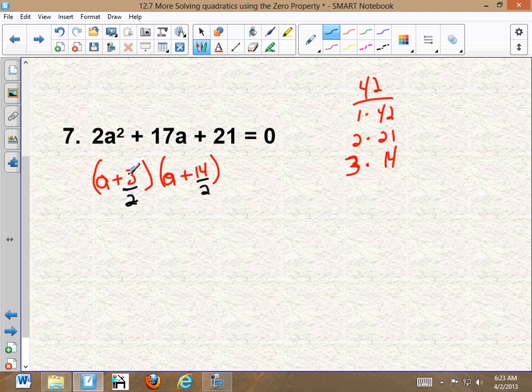This fraction can't do anything else. So I take the denominator, I put it in front of the letter, plus 3, and 14 over 2 can reduce to 7, and I set it equal to 0. Now I solve.